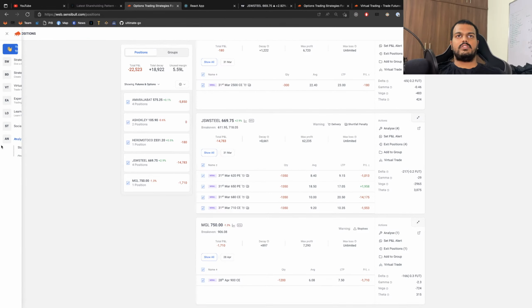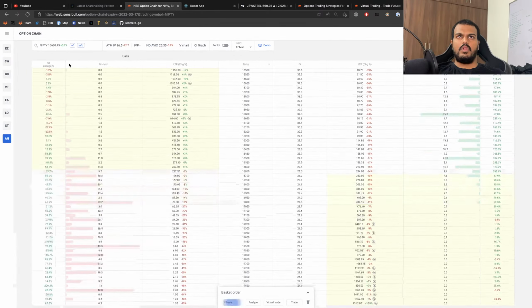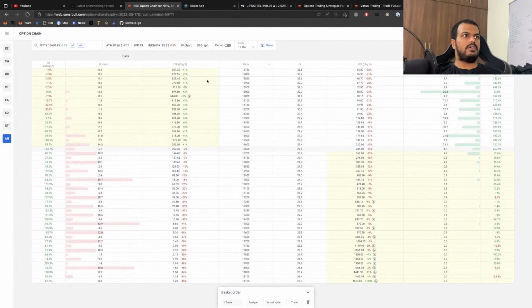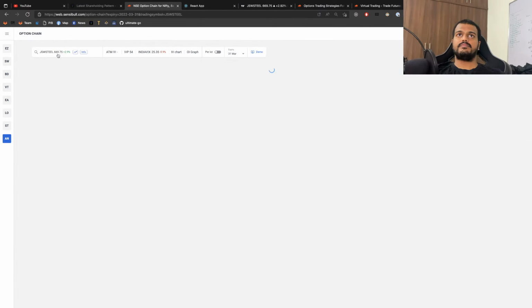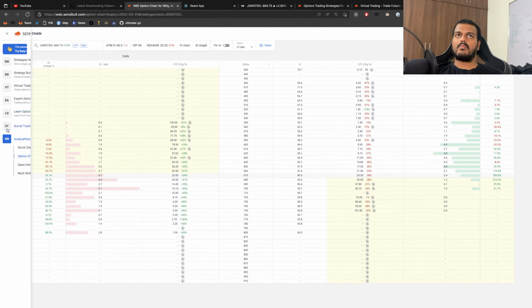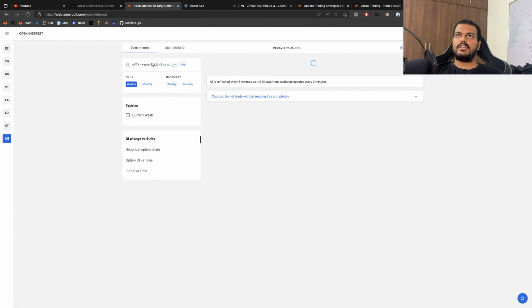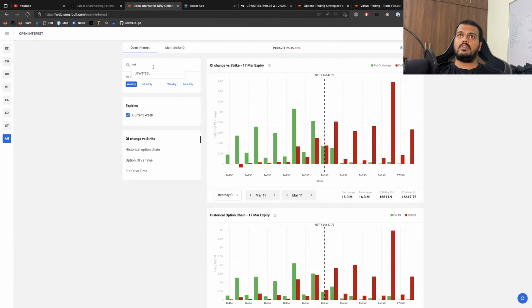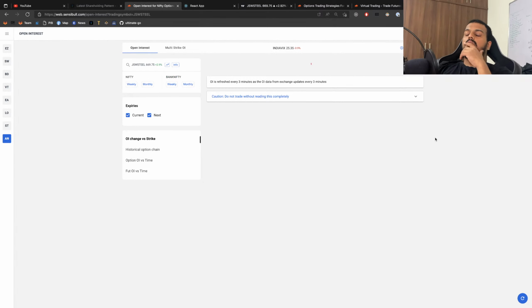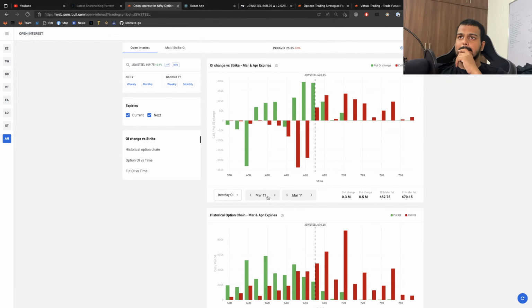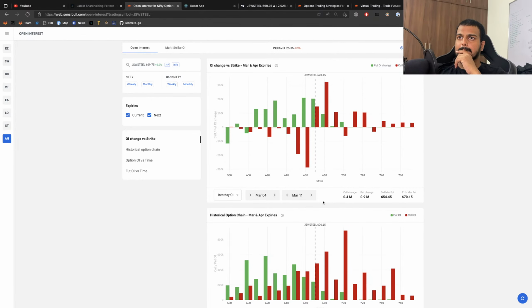The option chain of JSW Steel, open interest of JSW Steel. If you're seeing, for the last 1 week there is huge OI build up in 680.